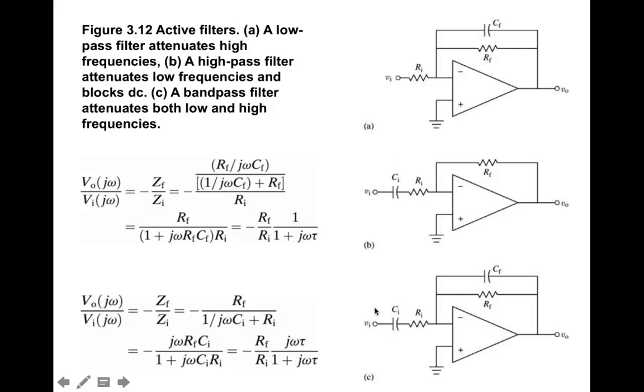Then you can combine those to make a bandpass filter. So this is the figure that's shown in your book. I actually advise students that oftentimes it's better to build 2 stages, where you have one stage that takes care of the low pass and another stage that takes care of the high pass.